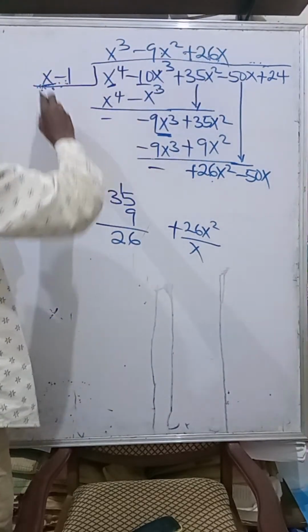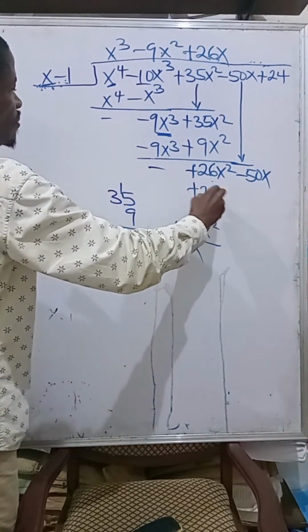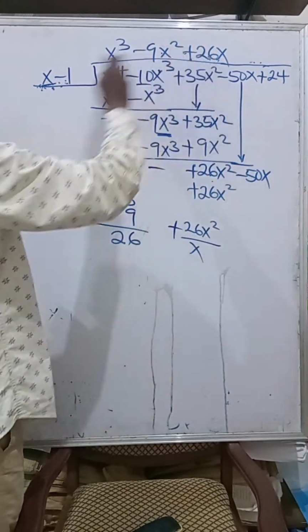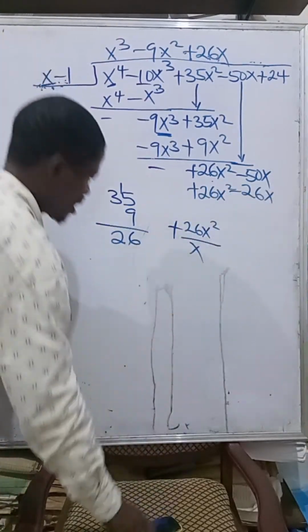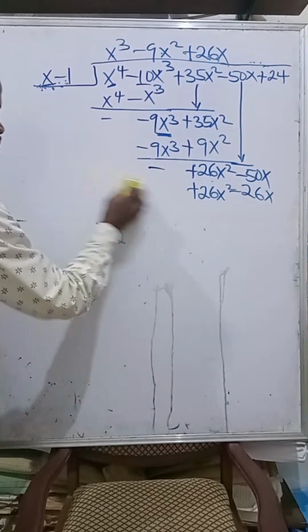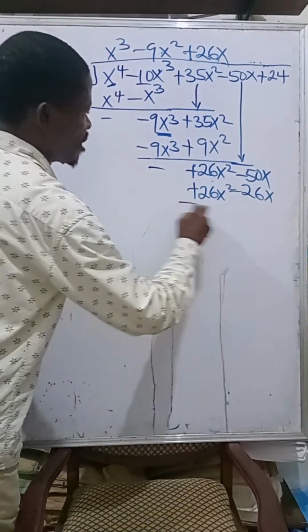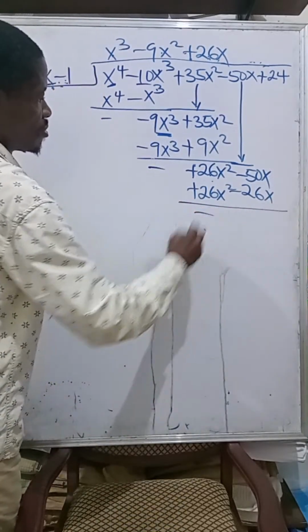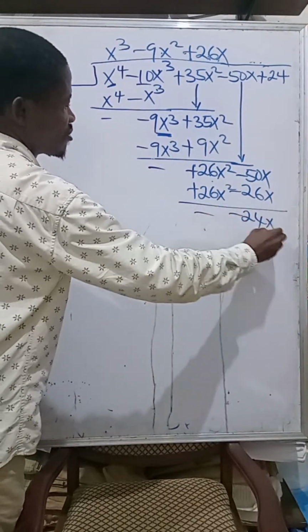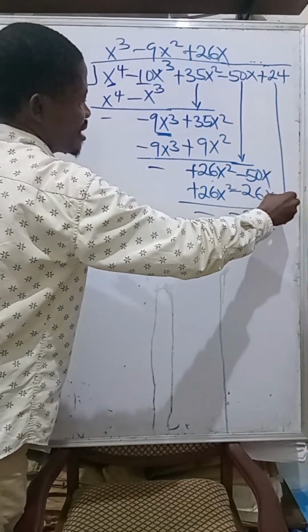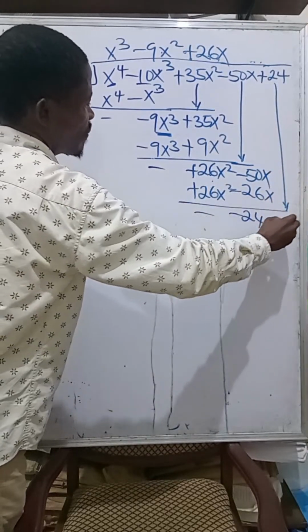Plus 26 times x, that's a plus 26x squared. Plus 26 times minus 1, that's minus 26x. Then do the subtraction. So this will become 0. This will give us a minus 24x. Then bring the next one down. That's plus 24.